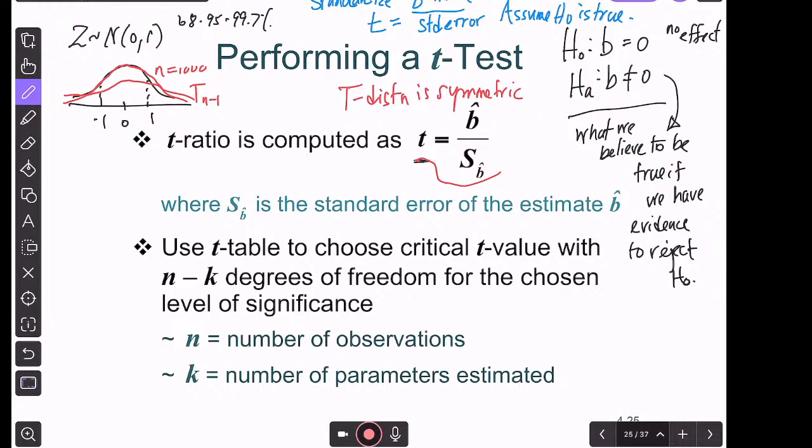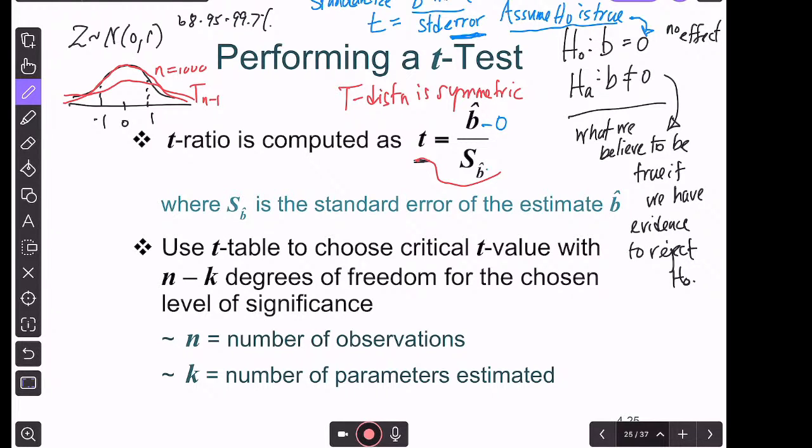So we standardize. What's the mean? All we know is what we assume to be true at this point. So we assume that the average value of b was 0, so we're subtracting 0 here. And then we're dividing by the standard deviation. We call it standard error instead of standard deviation because we use an estimate of the standard deviation to divide. So it's just like a standard deviation.